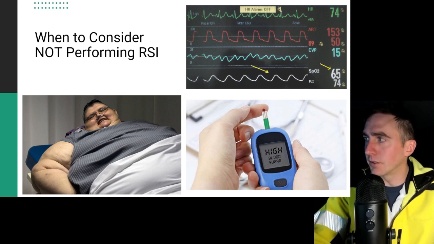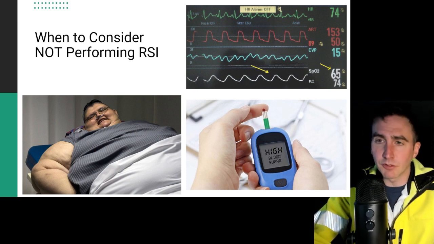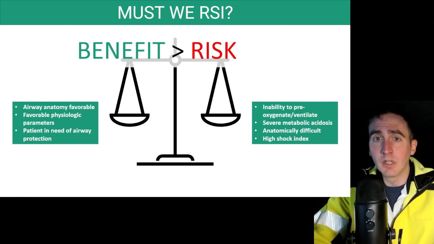So even if this patient is optimized hemodynamically, and their oxygen saturation is satisfactory, then they might still just be someone who's not a good candidate for pre-hospital RSI. So we really have to weigh the benefits and the risk.